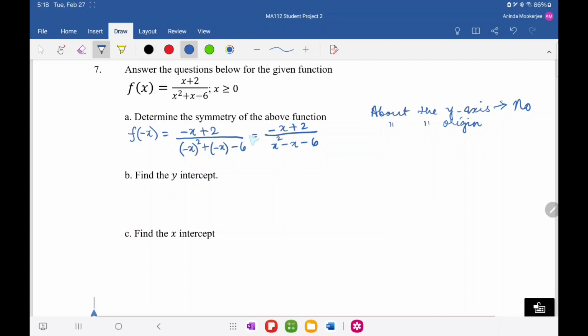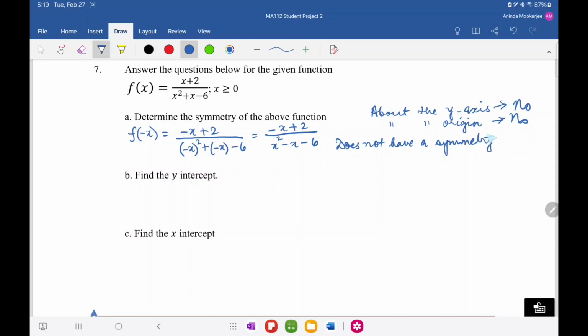In the denominator, x squared hasn't changed the sign. Plus x has become minus x, that's fine, but minus 6 hasn't changed its sign. So that means it's neither symmetrical to the origin. All right, so the answer is no. It does not have any symmetry. But you have to show your work, how you came to that conclusion.